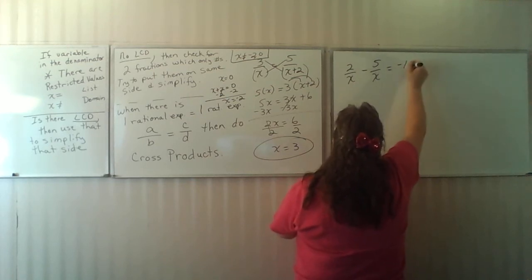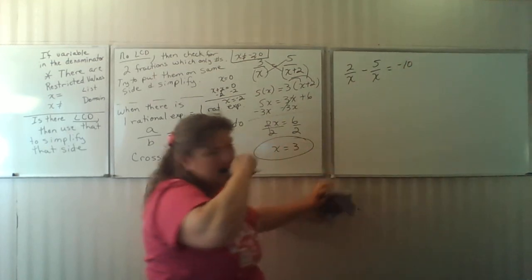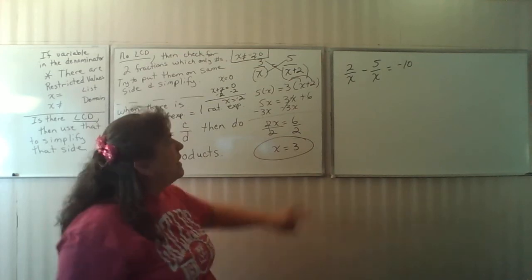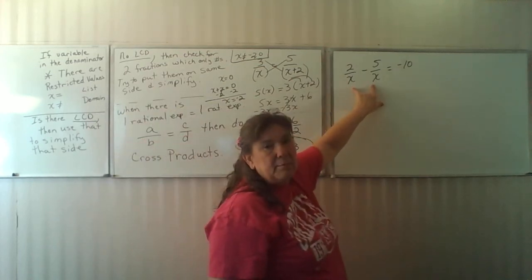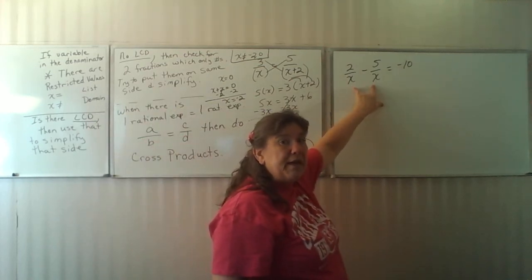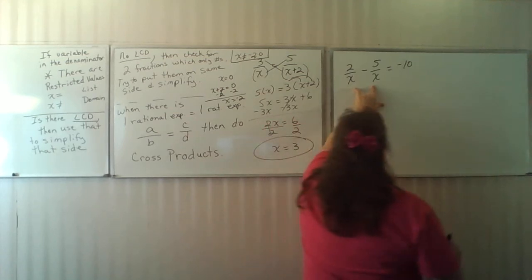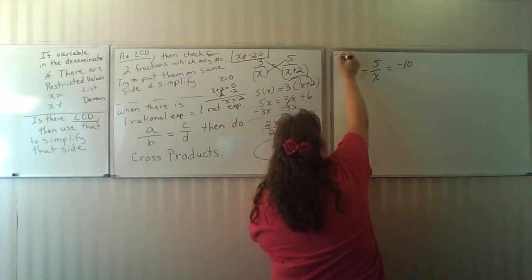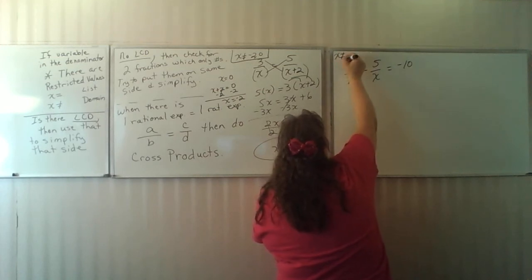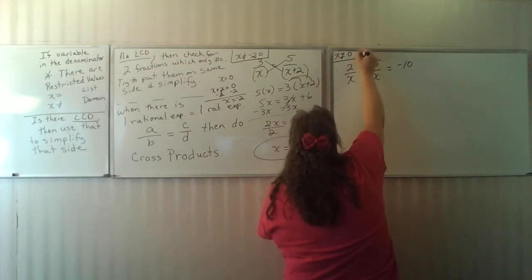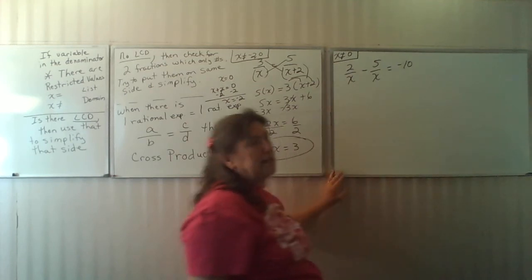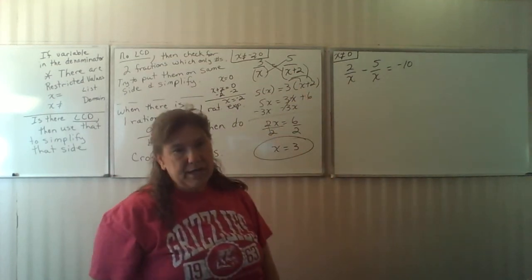Let's go negative 10, okay? Now, in this case, I have a common denominator. But before we deal with that, do we have a variable in the denominator? Yes, we do. So my first step is to put my restricted value: x cannot equal 0. I have that listed. Restricted value is now done.